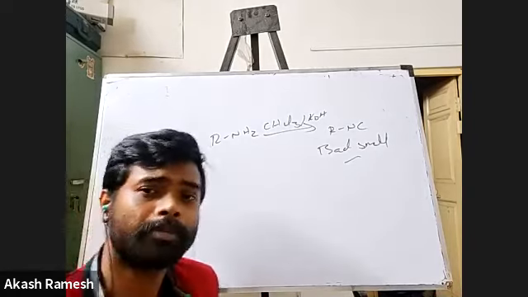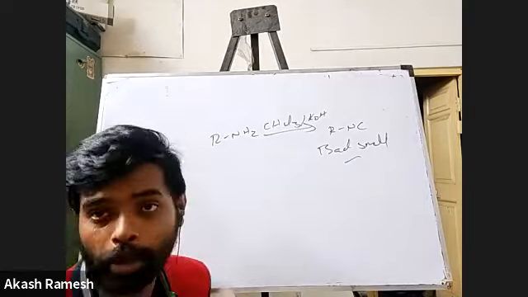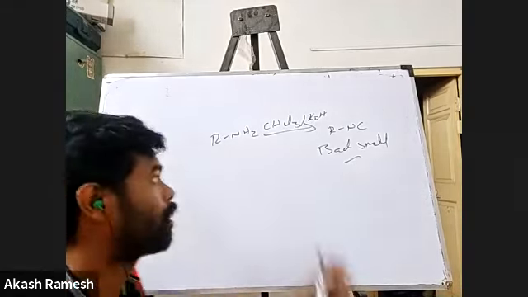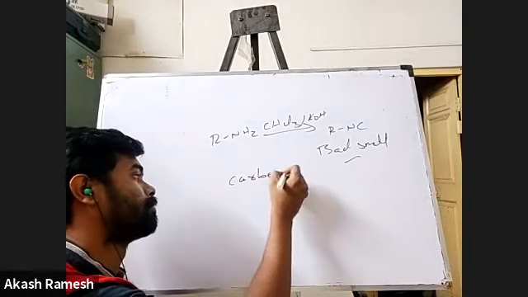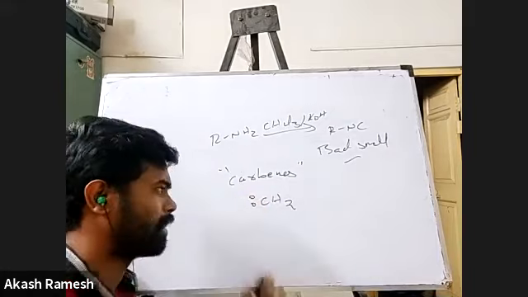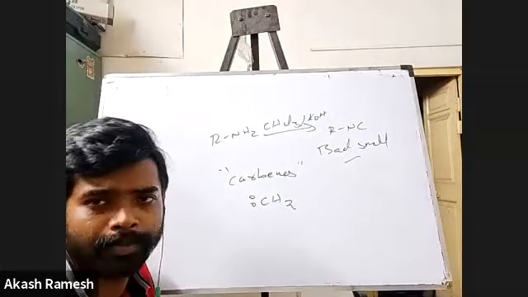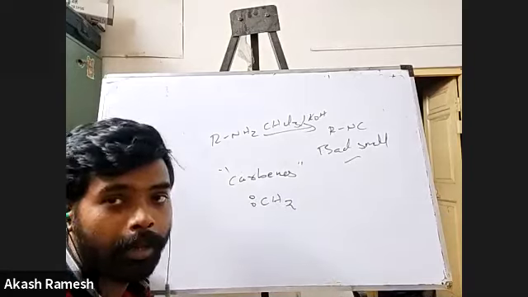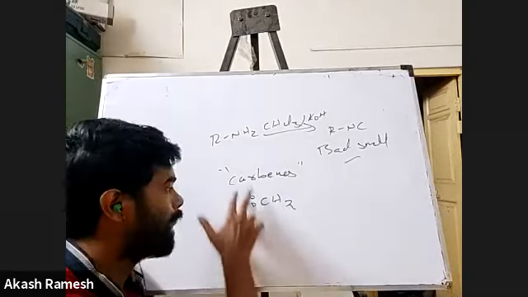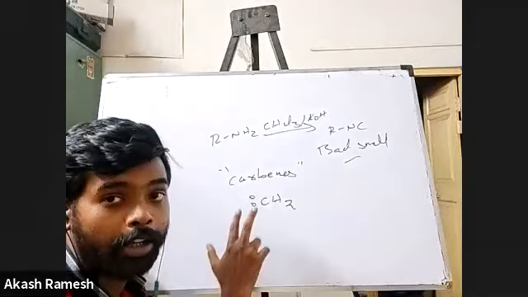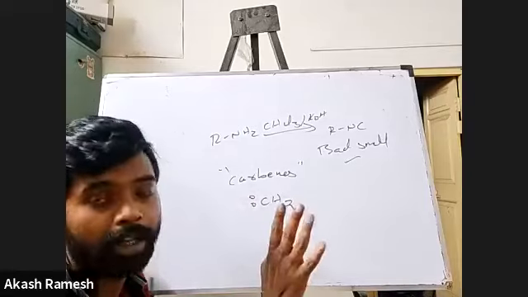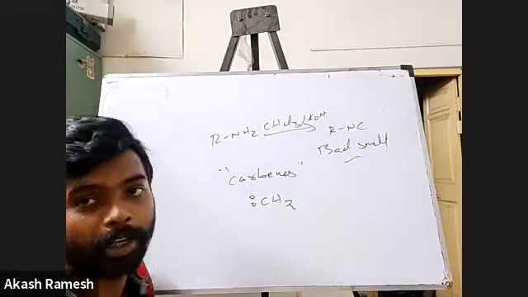But other than that there is another intermediate, called carbenes. Carbenes are like a diradical. CH2: generally carbon will have 4 bonds, so 2 of the bonds are with hydrogen and the 2 other electrons are just like that. They're not lone pairs, please understand, they are 2 individual unpaired electrons.